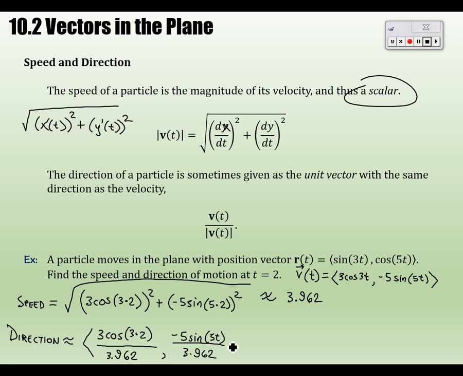But again, use the full value there. So we'll get 2 components here. The direction is going to be this vector quantity, and then whatever those come out to. I don't know what you get there, but those would be your answers. That makes sense? So far, so good?